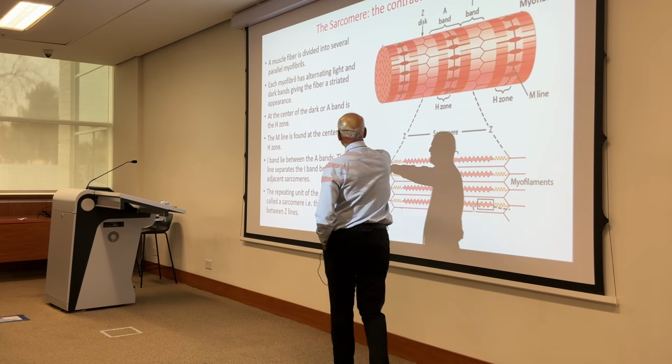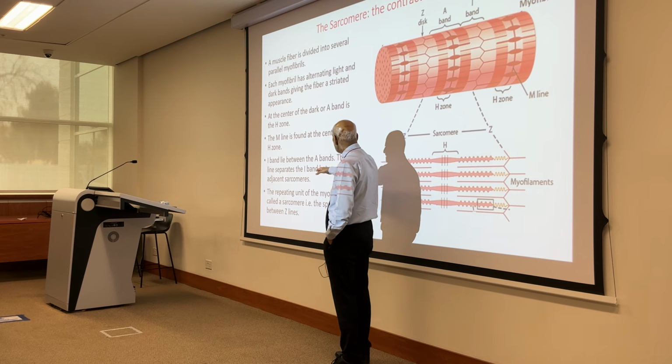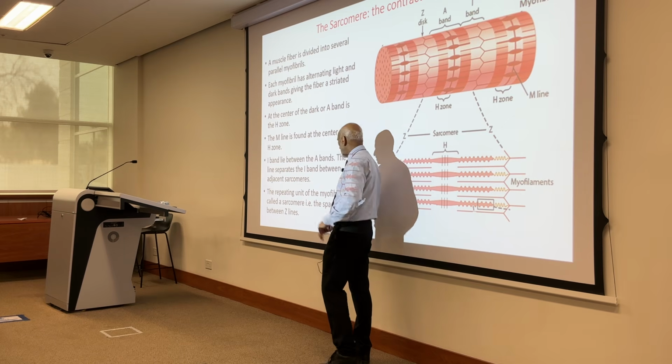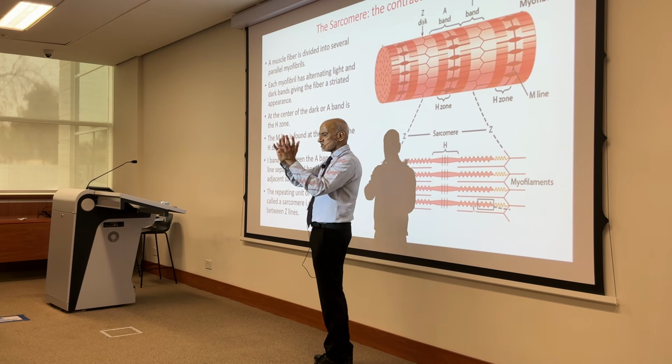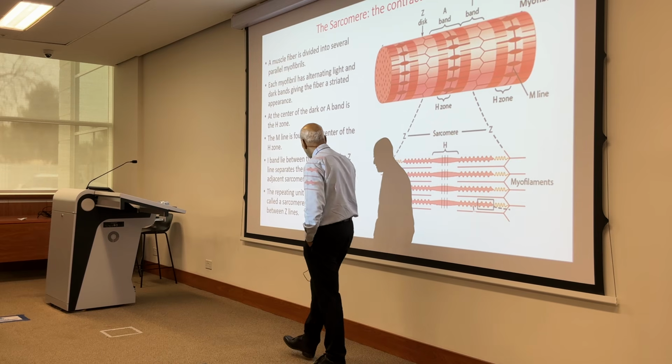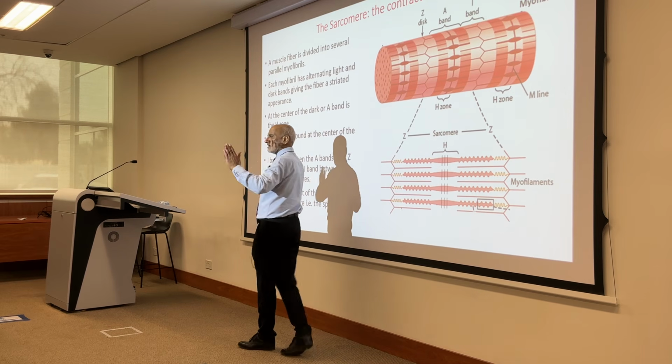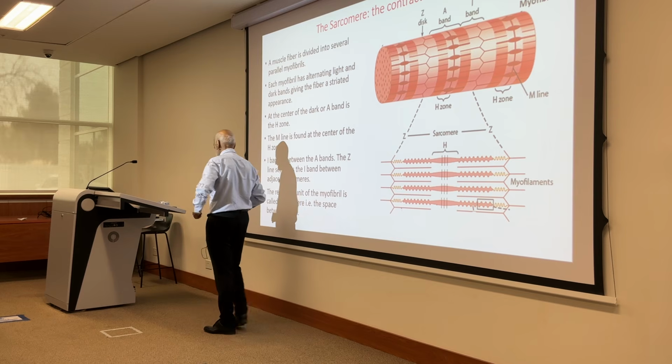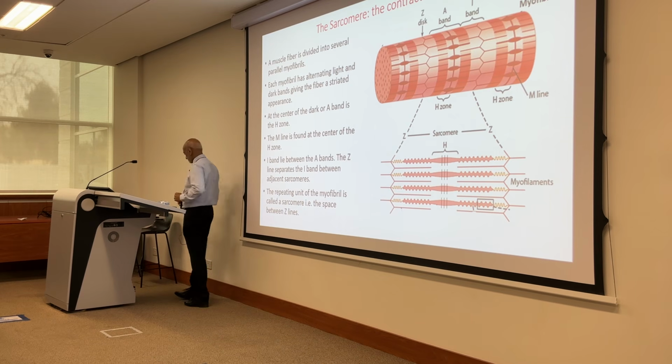The I lies between the A bands, and the Z line separates the I into two, obviously one to one sarcomere and the other to the other sarcomere. The repeating unit of the myofibril is called a sarcomere, and you have hundreds of them in a myofilament.